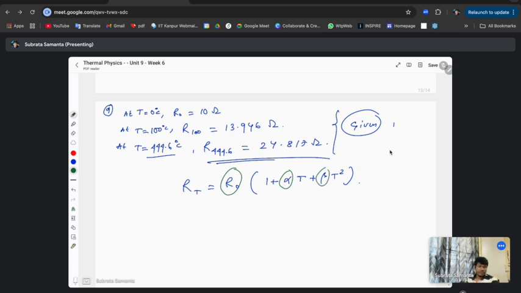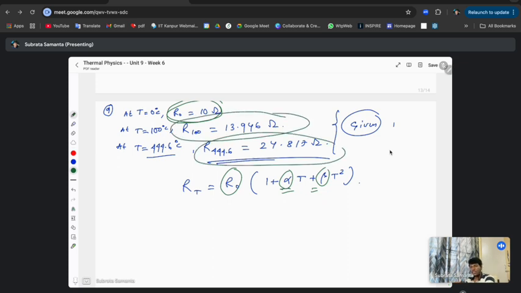To calculate R_T for any temperature T, you have to know the values of R0, alpha and beta. R0 is already given, 10 ohm, but alpha and beta we do not know. That's why two more values are given, R100 and R444.6, and these two values are used to calculate alpha and beta.